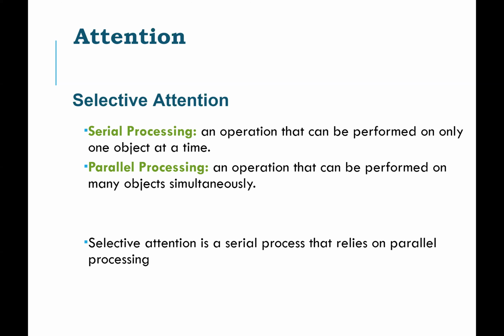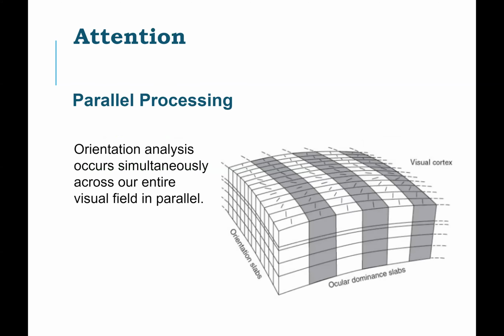Now, selective attention, the attention that we're talking about here, is a serial process that relies on parallel processing. Now, what does that mean? Well, we talked about parallel processing earlier, and I gave you an example of how when you look at the world, there are these feature detectors.